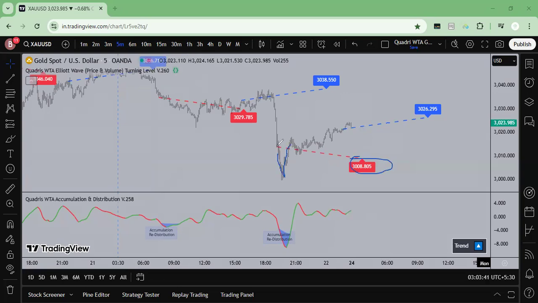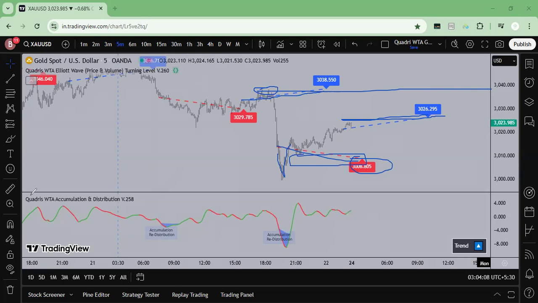For example, this was plotted and this was the level which was held as support. Here we were expecting price to react at this particular level, 3026.295, and it has reacted to this level. And 3038.550. So this gives us extreme levels well in advance.